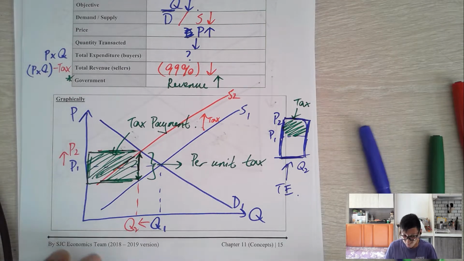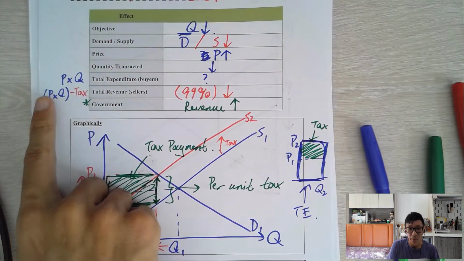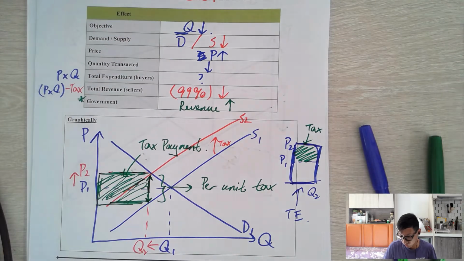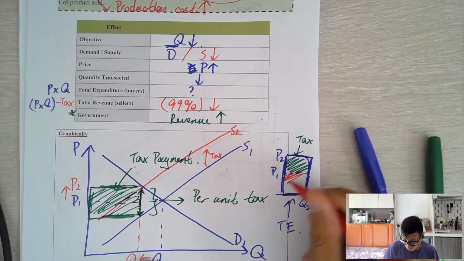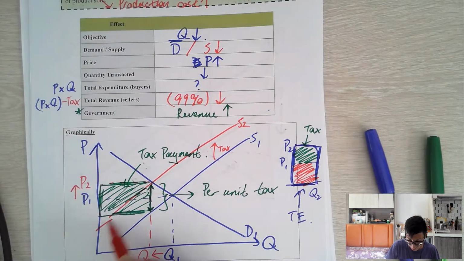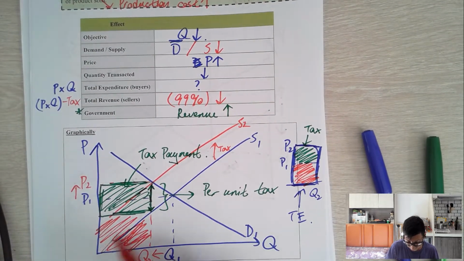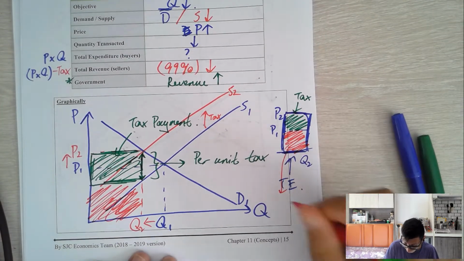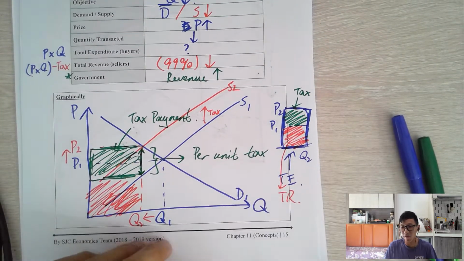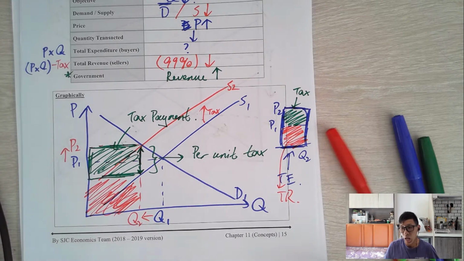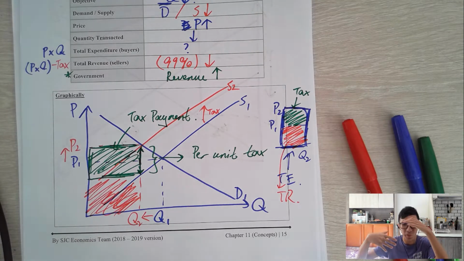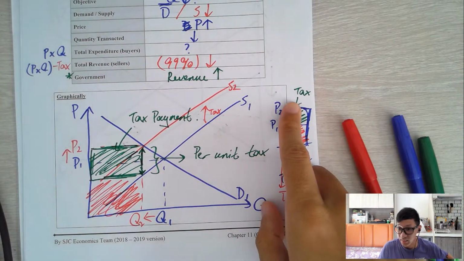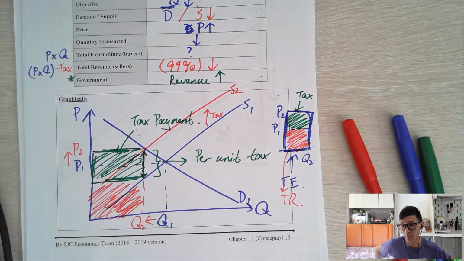Now, we just mentioned, right? Total revenue is PQ minus tax, which would be this guy, the red guy in here. This time, the red guy would be our total revenue received by the producer. Add the two together, TR plus tax would be the total expenditure.